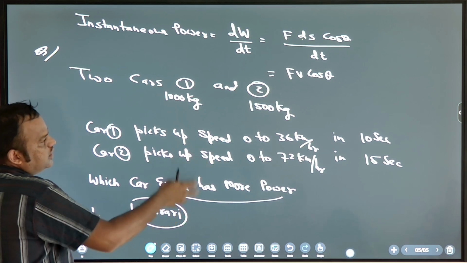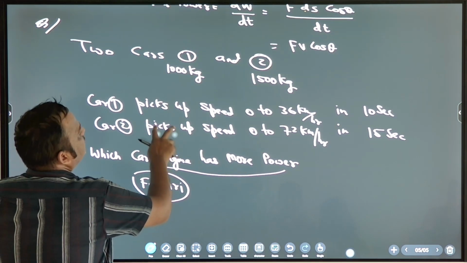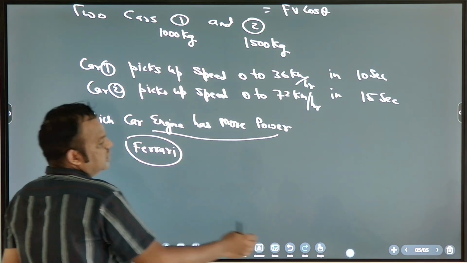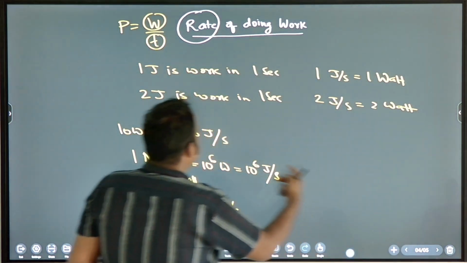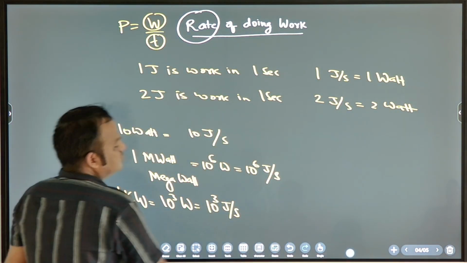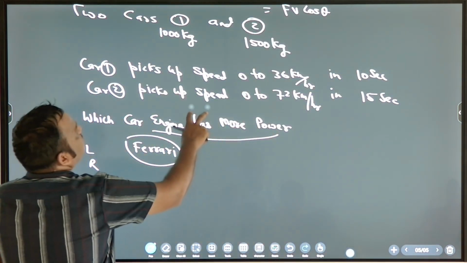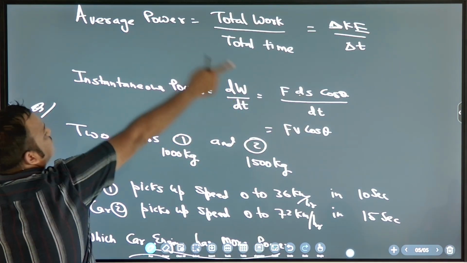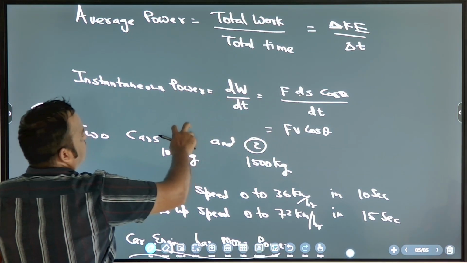So we can compare the power. What formula will you use? Mass is given, so calculate average power. What is the formula for average power? Change in kinetic energy by time. Okay, calculate.